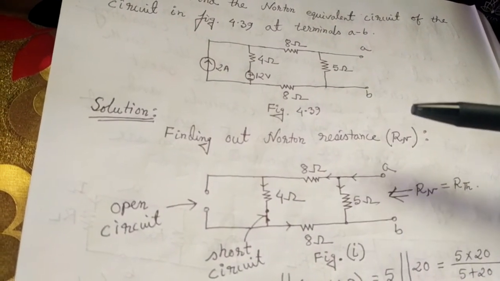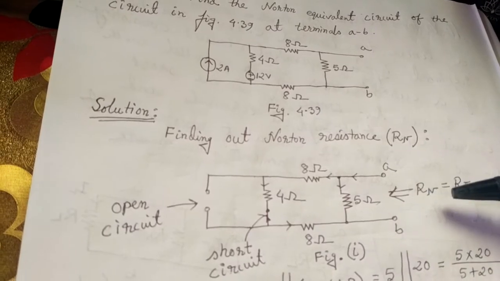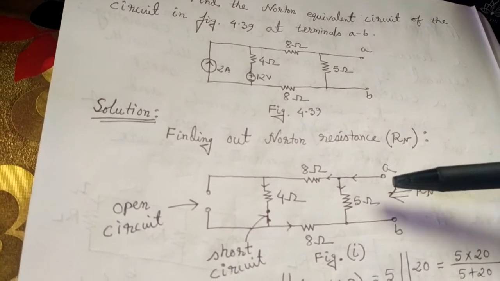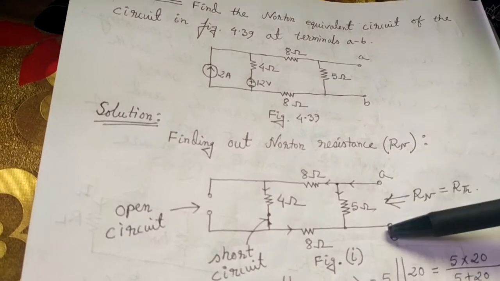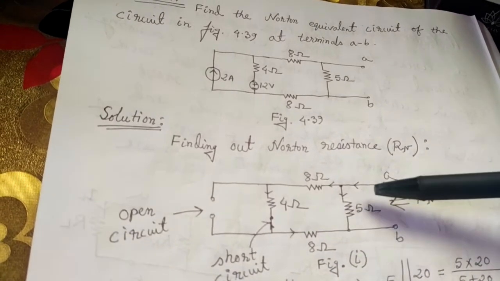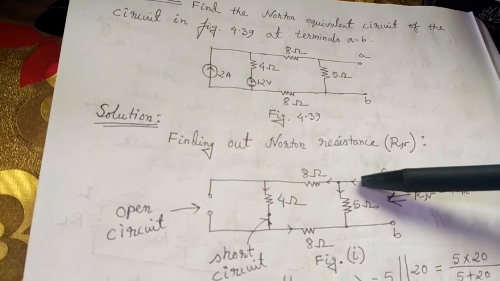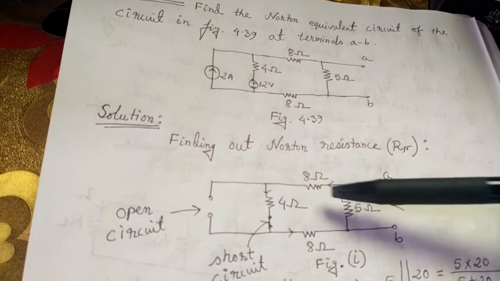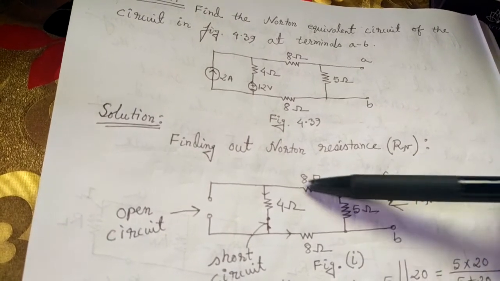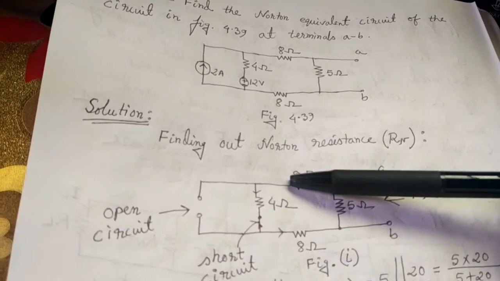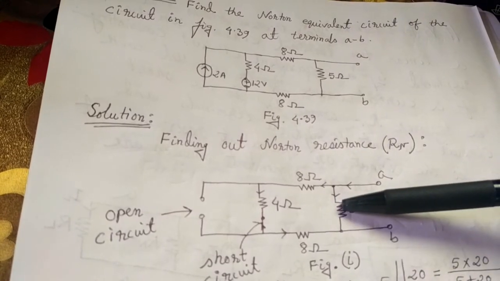Now we have to find the resistance from A to B. At this condition, if you go from A to B, you see this current is divided in this part and this part. That means this part is parallel with this 5 ohm resistor.